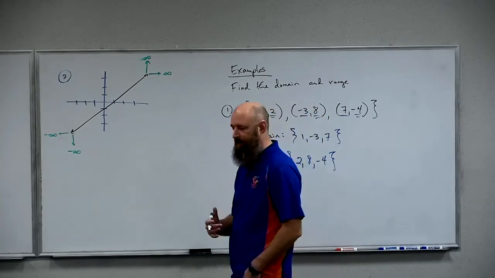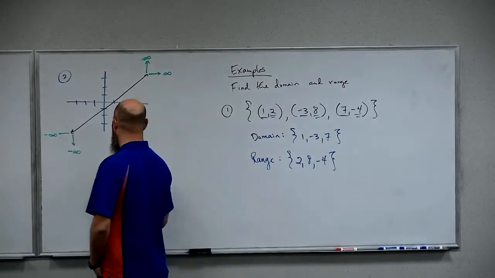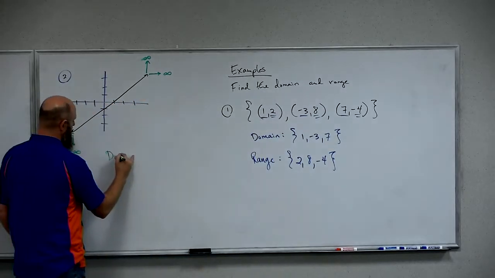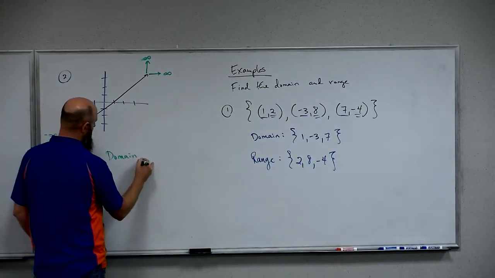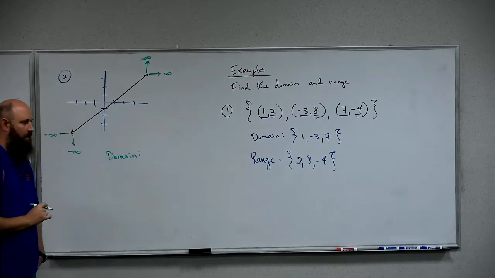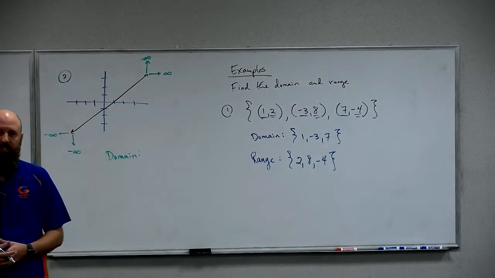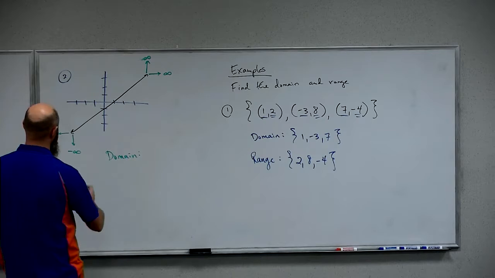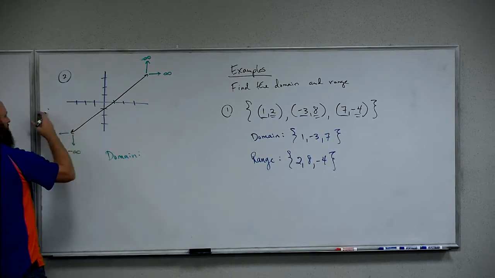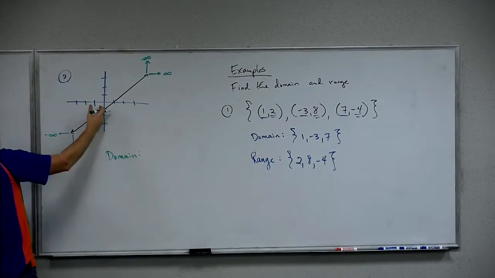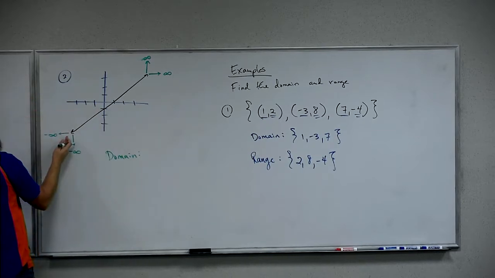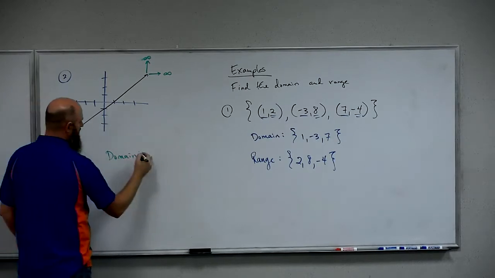So when that happens, we have a line, we're going to represent this a little bit differently. So let's look at our domain. We want to recognize all of those x values. Well, let's start with our x values as left and right. So how far left does my line go? Well, it goes left to negative infinity.